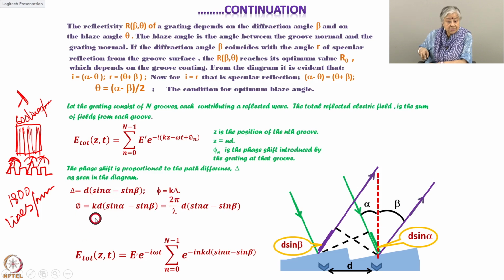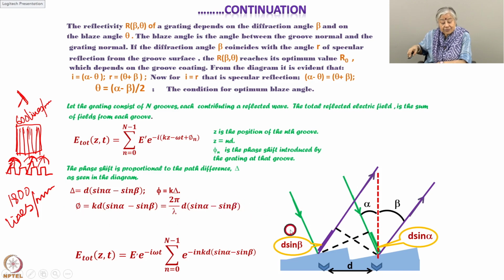So, the phase difference is k d (sine alpha minus sine beta), which is equal to 2 pi by lambda times d (sine alpha minus sine beta), where I have substituted for k. Okay. This is the phase difference that is brought about from one groove to the next. Okay.